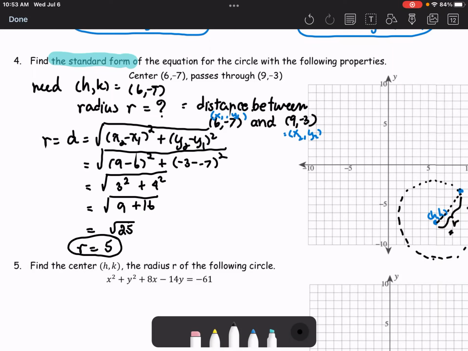And the H, K, or the point for the center, as 6, negative 7.